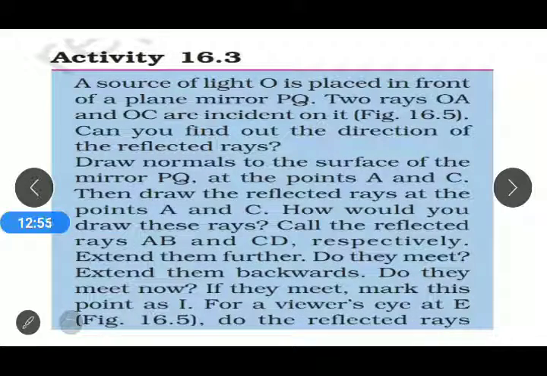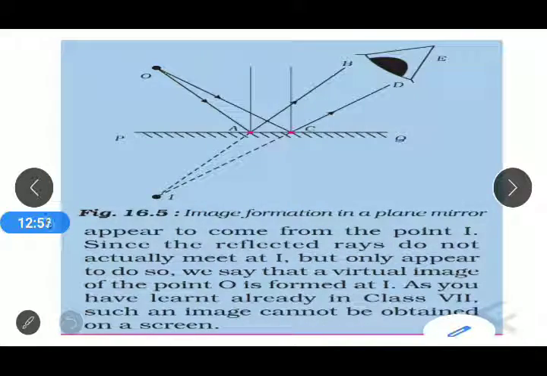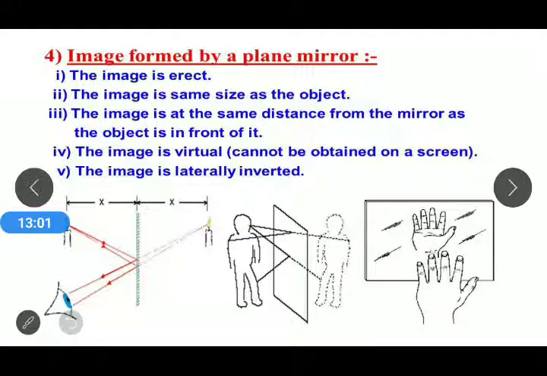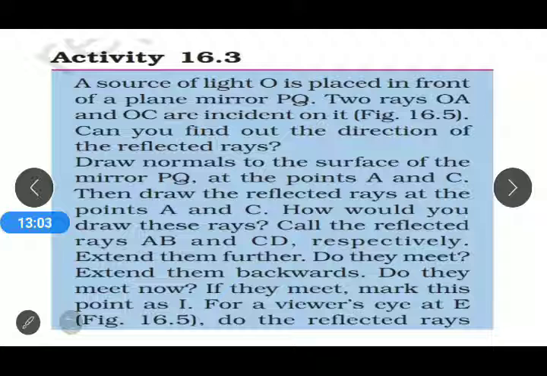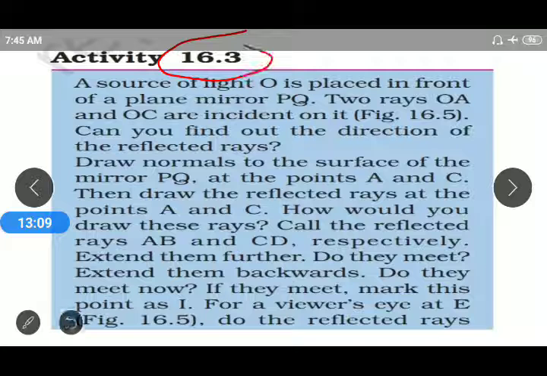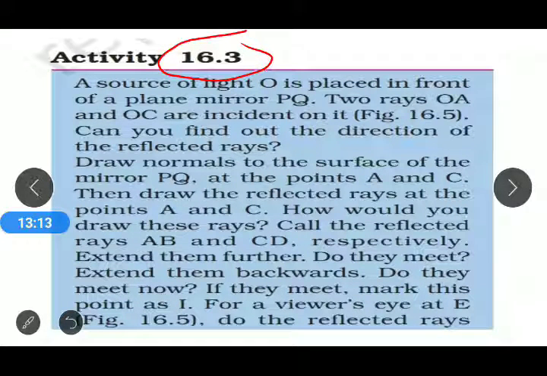Now we will move on to how the plane mirror works and the image formed by the plane mirror, how it looks. To understand better, we are going to perform an activity, and that is activity 16.3. From activity 16.3, we are going to understand how an image is formed by a plane mirror.